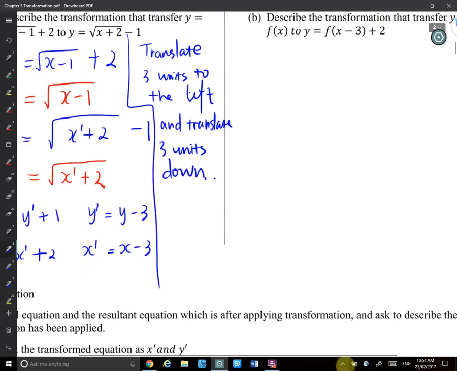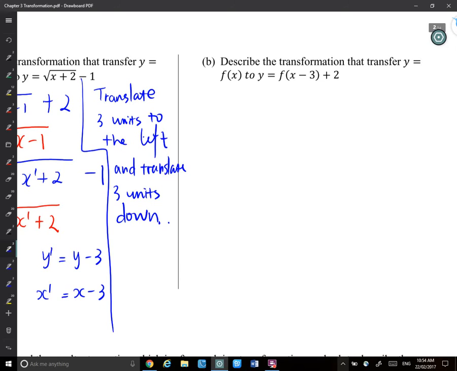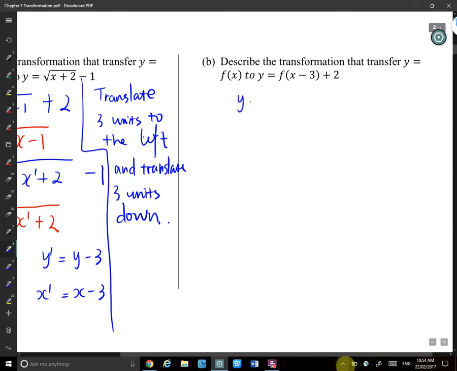The next one will be a special type. It doesn't tell you exactly what the model is, but gives you f(x). So f(x) is the same as the model. What you substitute in the bracket is the thing you want to leave on the right hand side. So y equals f(x). Your y dash minus 2 equals f(x dash minus 3).